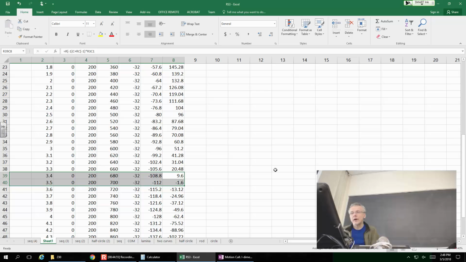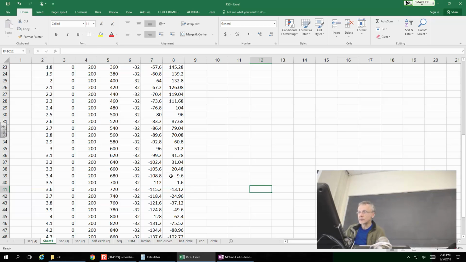At 3.4 seconds, we are at 9.6 feet above the ground, and at 3.5 seconds, we are at negative 1.6 feet, which means that we are below the ground. So somewhere between these 2 points we do hit the ground. Very close to 3.5 seconds is a fair estimate.